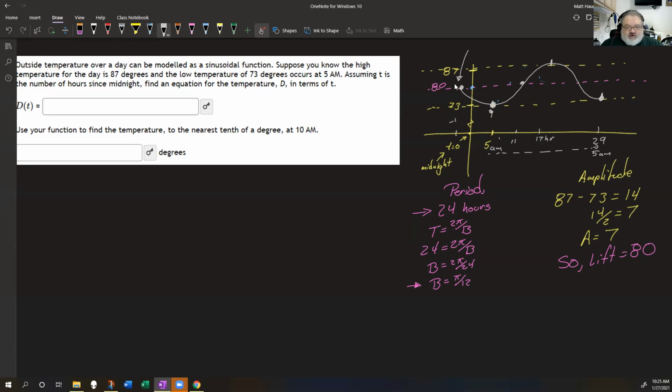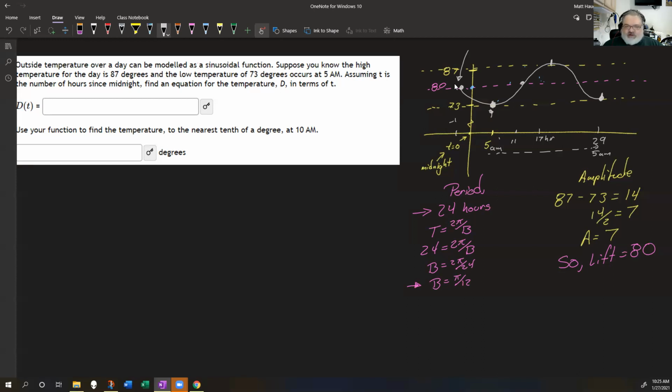So we could do that too and use sine. It might be nice here to use cosine because that was the given piece of information, the low at 5 a.m. But we used cosine in the last one, so maybe we should use sine. I don't know.